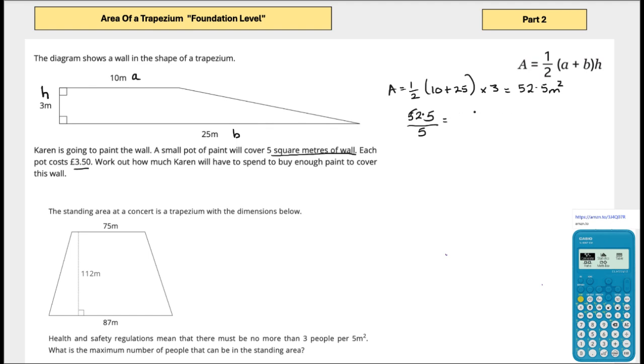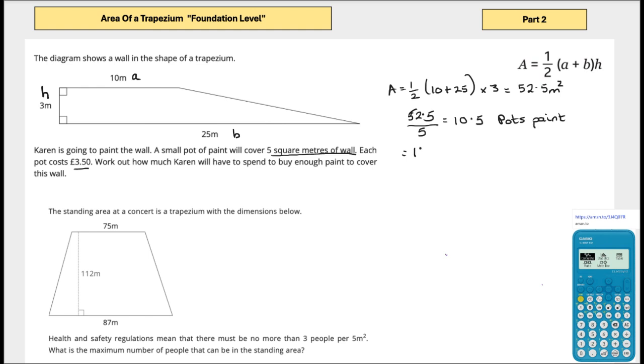Plug it into your calculator and you get 10.5. Now that's telling you that you can get 10.5 pots of paint. But you can't go and buy 10.5 pots of paint. You have to round up. So you'll actually be buying 11 pots.